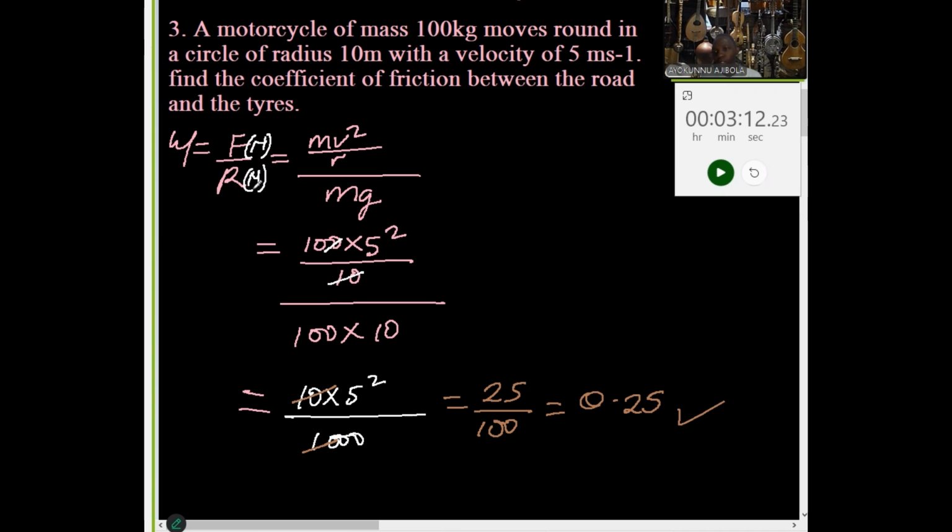So it's a ratio. Then the Newton cancels the Newton. So no unit. Remember, coefficient of static friction has no unit. So I'll give you some time to put this down, then we move on.